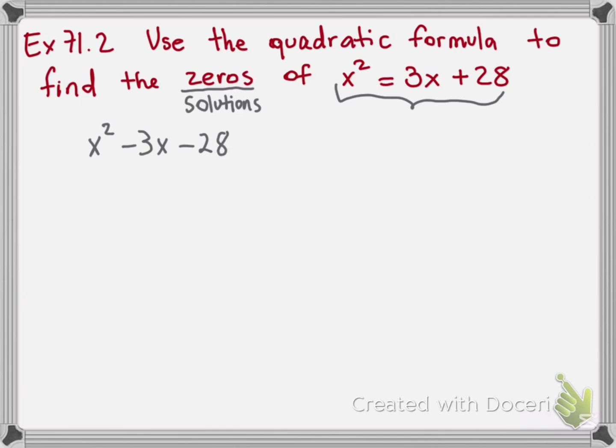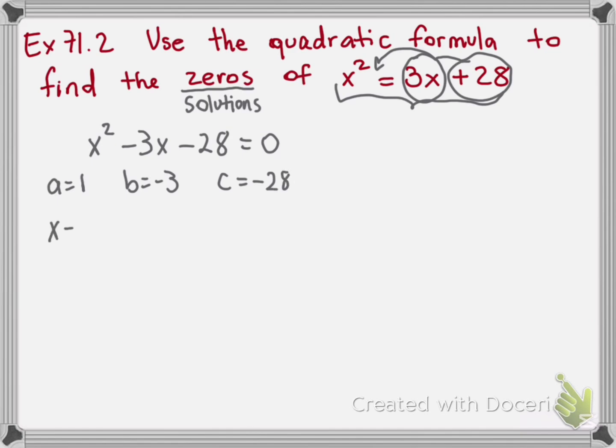Because we have to change these two that are on the right, we're going to pass them to the other side by changing the signs. When I do that, that equals 0, and I can find the value of a, which in this case is 1, b, which in this case is -3, and c, which in this case is -28.